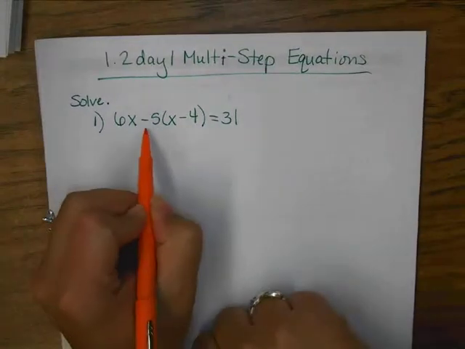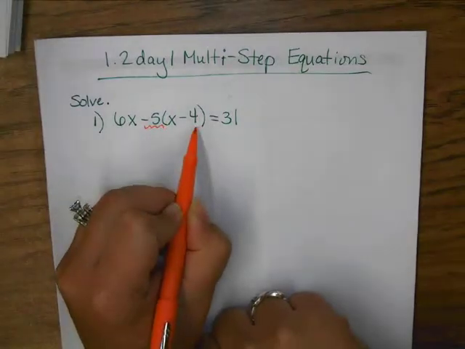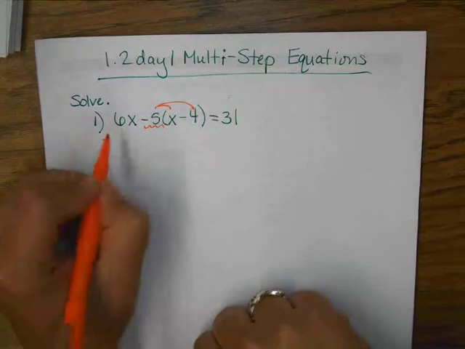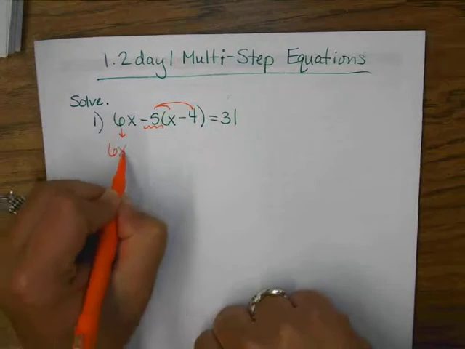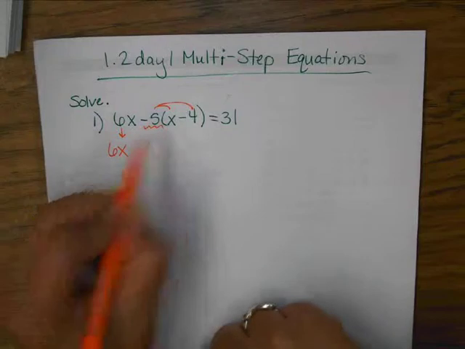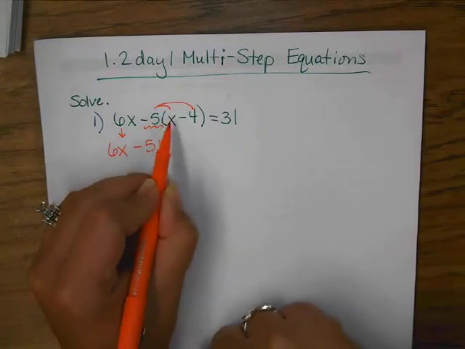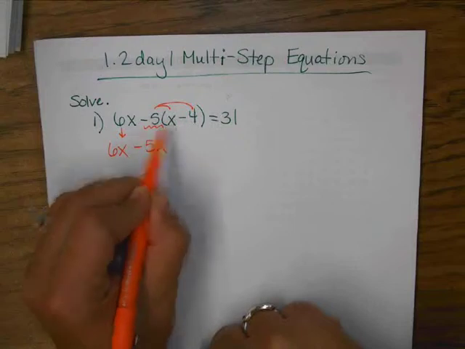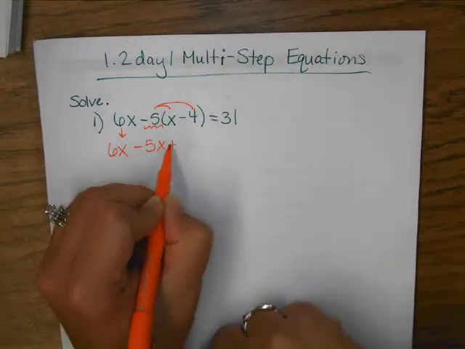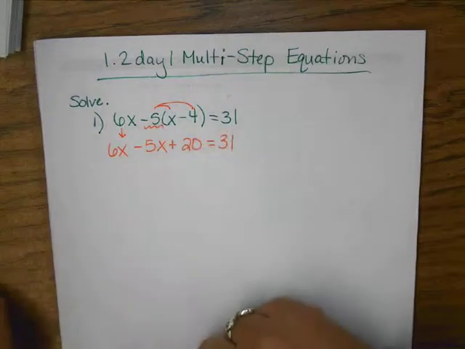I have a negative 5 in front of this set of parentheses, so I'm going to go ahead and distribute. My 6x comes down. And now I have negative 5 times x is minus 5x. And I have negative 5 times negative 4. Negative times a negative is a positive 20 equals 31.